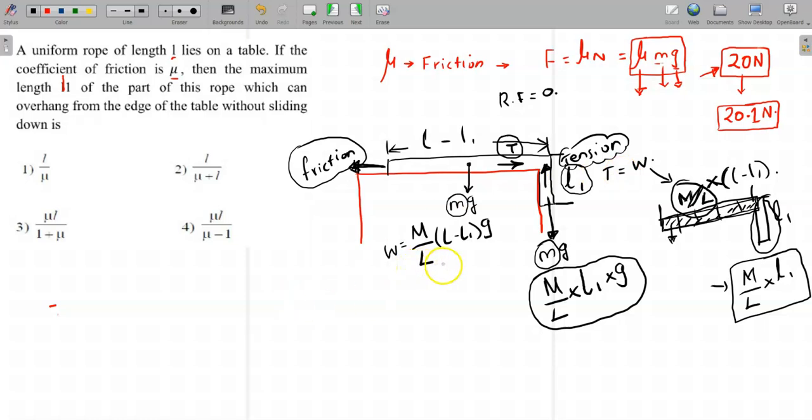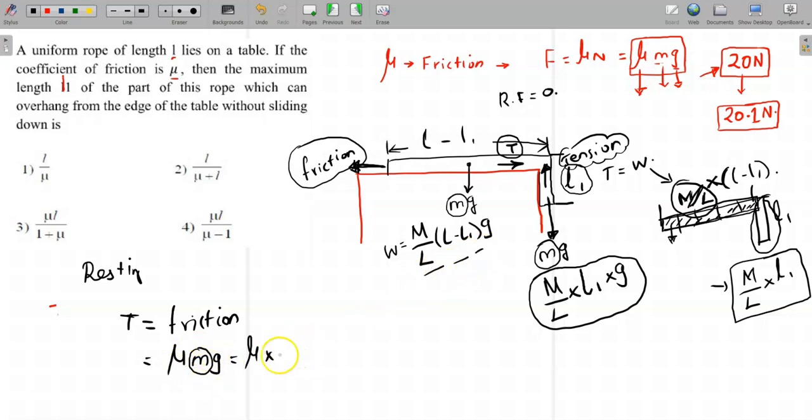We are relating both equations now. For the resting rope, the tension is equal to friction. What is the friction formula? Mu m g. The mass of the resting rope is m by L times L minus L1, multiplied by g.